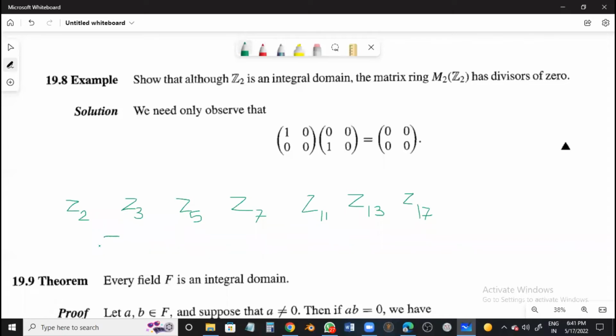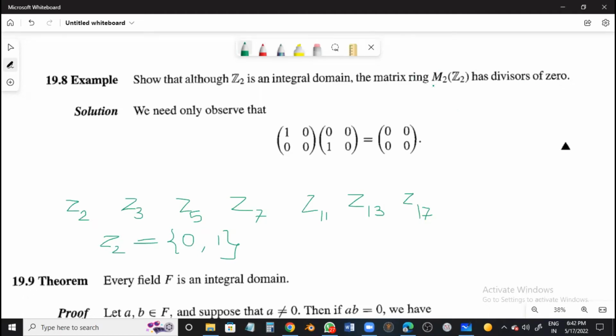Now what are the members of Z2? 0 and 1. Only two entries are there. And last time we visited this M2 of Z2, the set of all 2 by 2 matrices with only two entries, 0 and 1. The statement is: show that although Z2 is an integral domain, the matrix ring has divisors of 0.